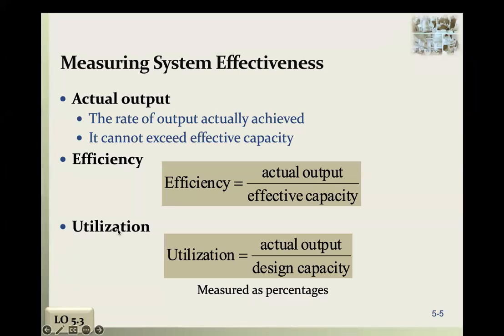Again, utilization would be a ratio of actual output and design capacity. Efficiency is the ratio of actual output and effective capacity. And again, effective capacity is design capacity minus allowances.